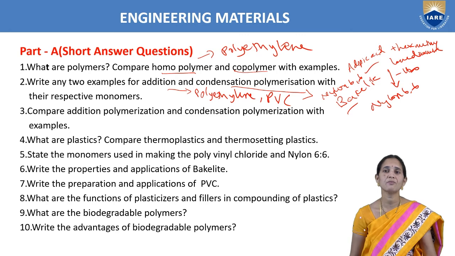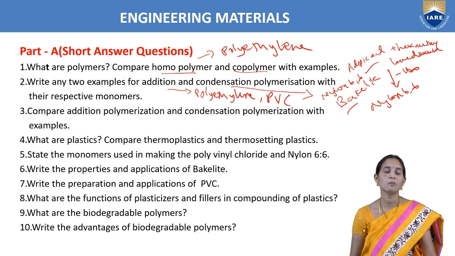So next one, what are the functions of plasticizers and fillers in compounding of plastics? Plasticizers we add in compounding of plastics to increase the plasticity and flexibility of the plastic material.